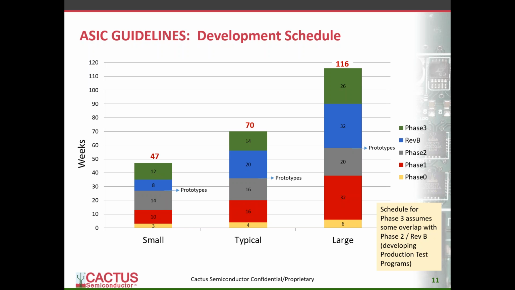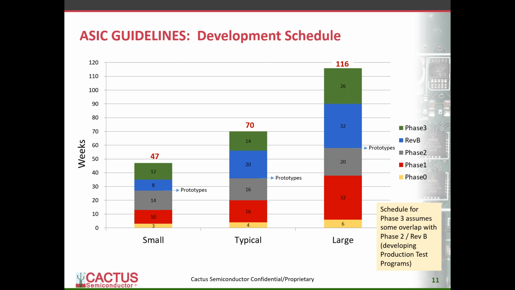You can look at the small scope, and it's 47 weeks, so less than a year. Typical is somewhere around a year and a quarter, let's say. And a large ASIC is roughly a little over 2 years, actually.